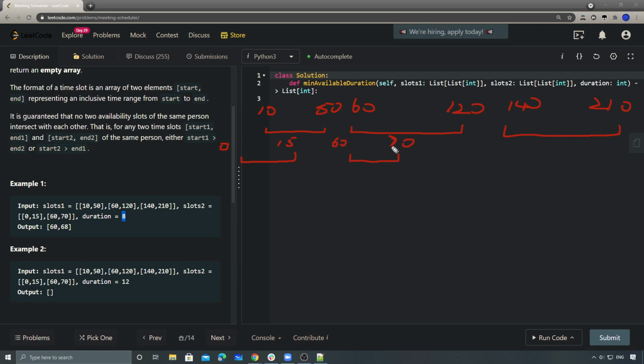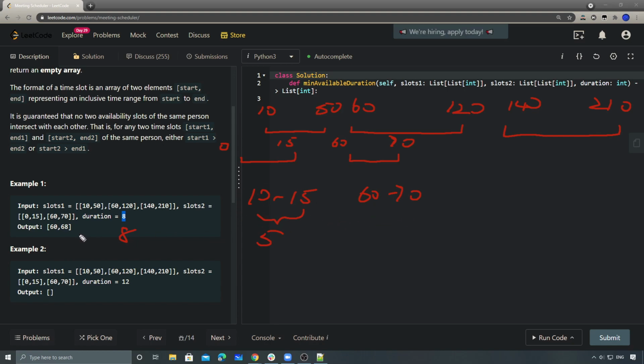So how many intersections do we have here? Obviously we have 2 intersections. The first one is from 10 to 15. The second one is from 60 to 70. Since our duration is 8, the first one is only 5, so that's not a valid answer, but the second one is.